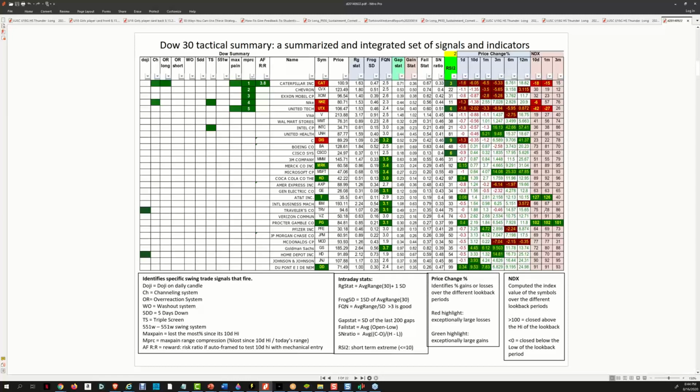So all those red lights tell me that Caterpillar on that day was extraordinarily weak compared to the other members of the Dow. That makes it very interesting. You notice the RSI2 value at 3 was highlighted because it was in single digits. So you start adding all those things up, Caterpillar was the most interesting thing to go frame a trade on.